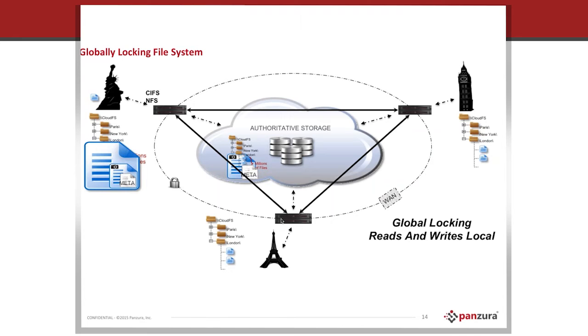So the reason the follow-the-sun model works well for us is because as the US is going to sleep, China is waking up, then India, then Europe, and across the world. As the sun moves over there and they wake up and start work, we're typically going to sleep. And what happens is those locks and all those changes are already there by the time they wake up.